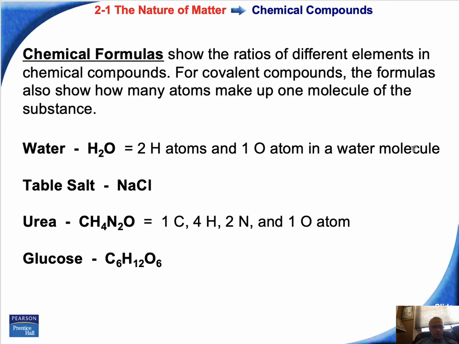That would make up the chemical formula for glucose, C6H12O6. For compounds that are made up of molecules like water and glucose and urea, the formula of that compound will tell you how many atoms make up each molecule of that substance.